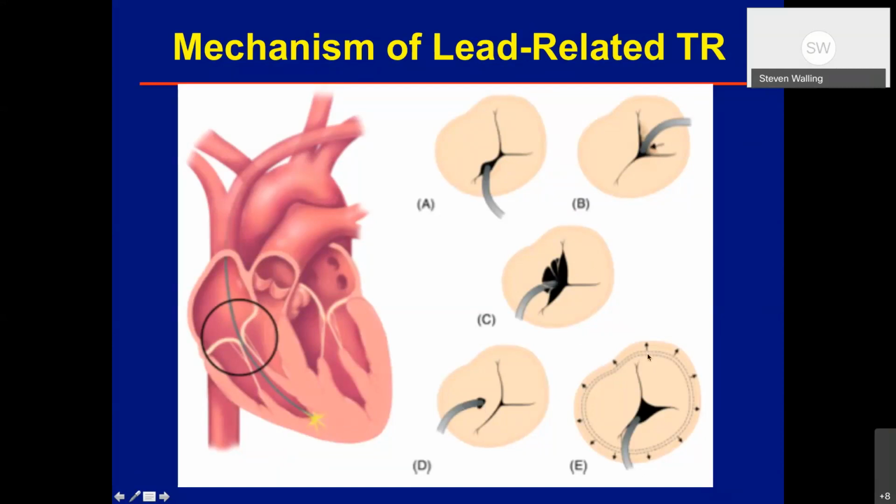This is more secondary, and you can see the dilatation of that. It's the annular stretch, and the coaptation is not very good. So these are all the reasons that we see pacemaker-related TR jets.